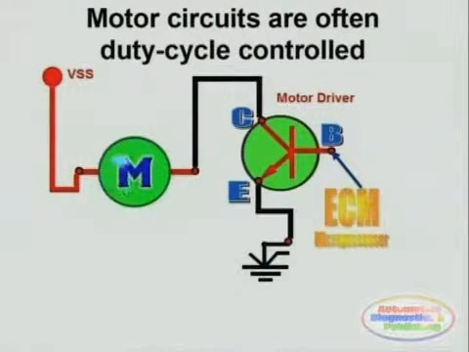This electron flow, seen here flowing from negative or chassis ground through the motor and to the voltage supply line, is the enabler of the work being done. Without the electron flow or current, the motor would not be able to turn.